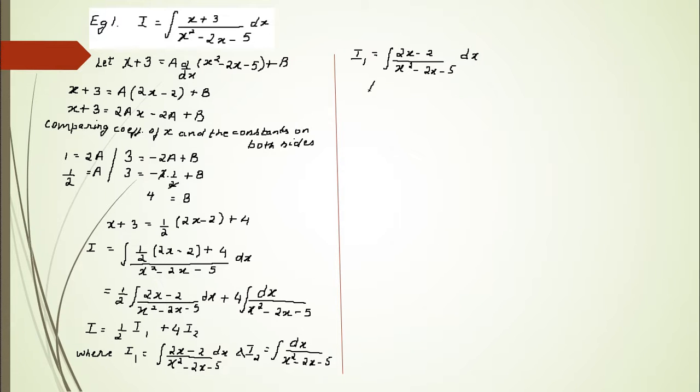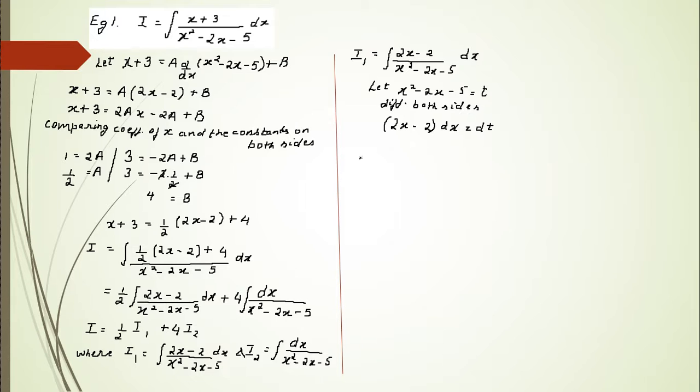Therefore let us take x square minus 2x minus 5 is equal to t. Now differentiating both sides, we'll have 2x minus 2, right, dx is equal to dt, right?